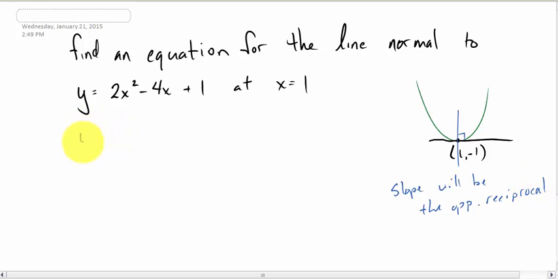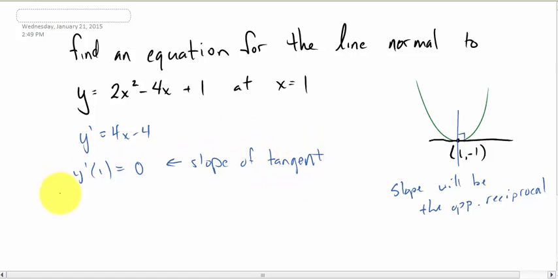So remember, our derivative was 4x minus 4. Our derivative evaluated at 1 was 0. This was the slope of the tangent. But we don't want the slope of the tangent. We want the slope of the normal.